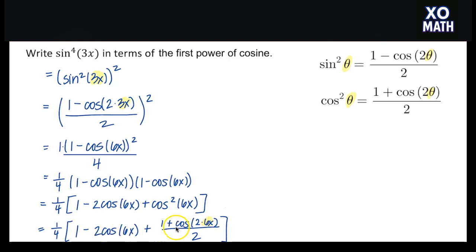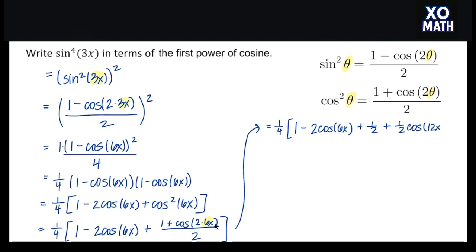We just want to do a little bit of simplifying. So I'm going to split this up as 1/2 plus 1/2 cosine of 12x, and move my work up here. So I have 1/4, 1 minus 2 cosine of 6x, then plus 1/2 plus 1/2 cosine of 12x.